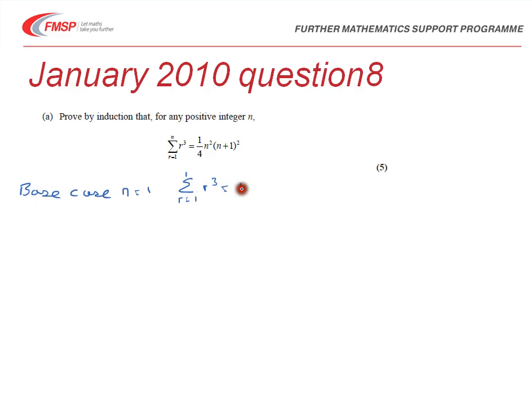Well, that's just 1 cubed, which is 1. And our formula that we've got to show, 1/4 multiplied by 1 squared multiplied by 1 plus 1 all squared, gives us 1/4 of 2 squared, which is also equal to 1. So it's true for n equal to 1.